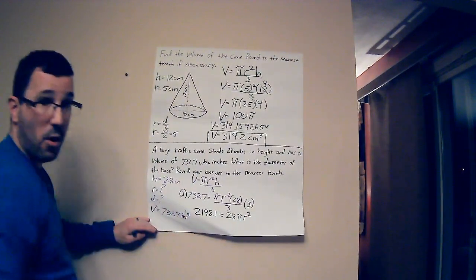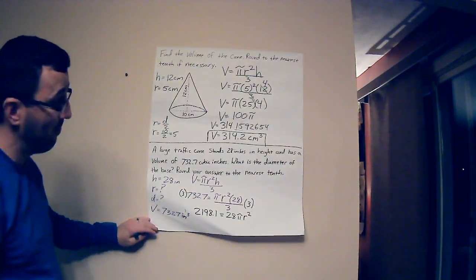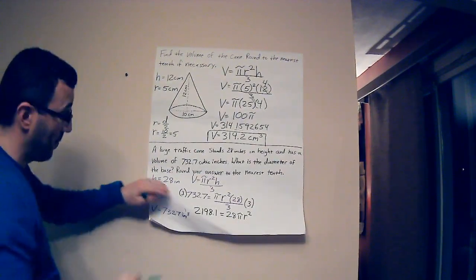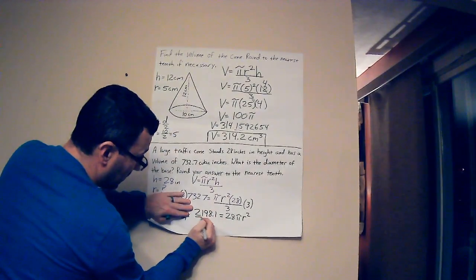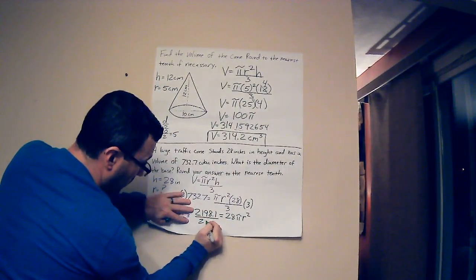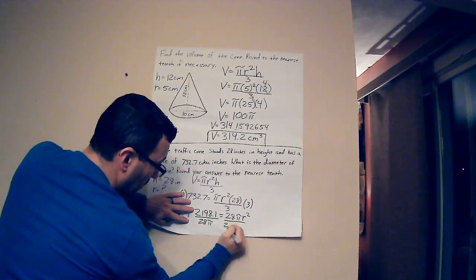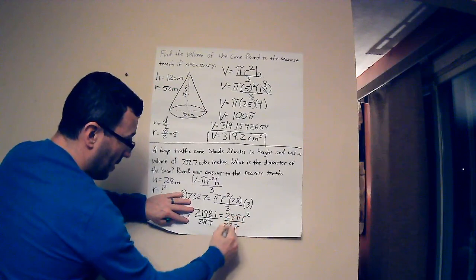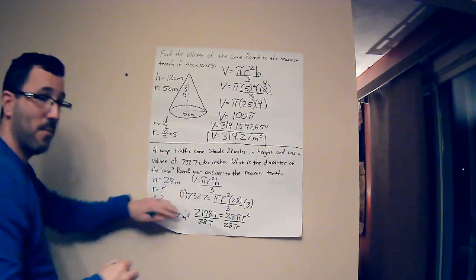We need to get that r squared by itself. So that means we have to divide by 28 pi. We're going to do that to both sides, 28 pi on this side, 28 pi on that side. These two things cancel out.